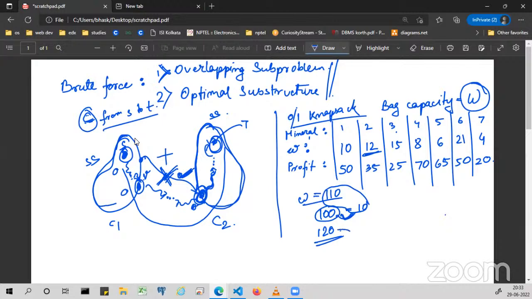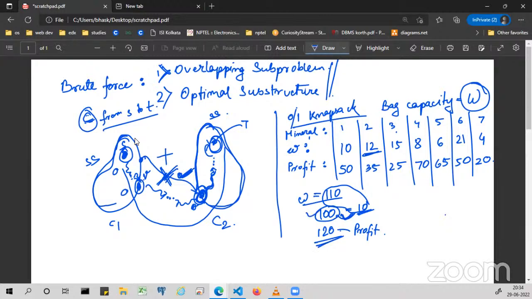And currently my profit is only 120. Let's say I do not have any other 10 kg mineral in my arsenal, correct? So I would actually lose this 10 kg weight. I would not be able to put anything because I cannot break the minerals. Fine. So I got a profit of 120 by picking this 100 kg mineral.